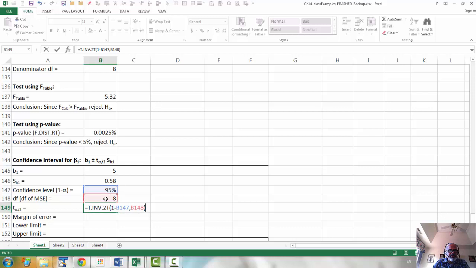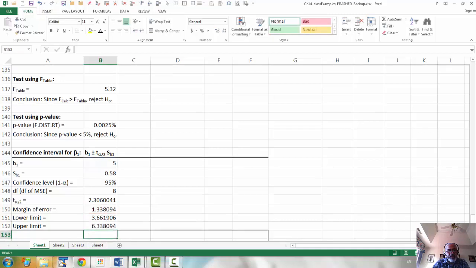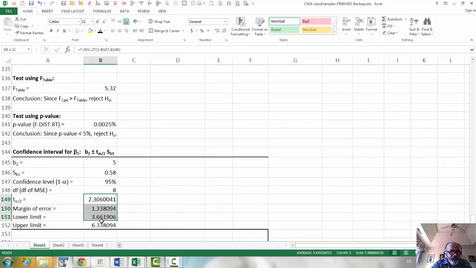So that will give us the T table value, and we multiply the T table value with s_b1. That will give us the margin of error, and slope coefficient minus margin of error will give us the lower bound, and slope coefficient plus margin of error will give us the upper bound. So let's format these to 3 decimal places.